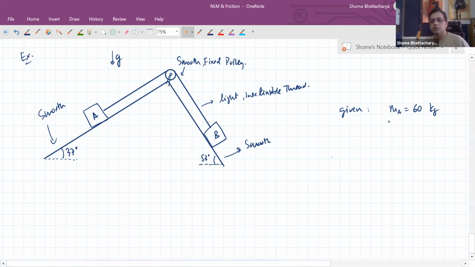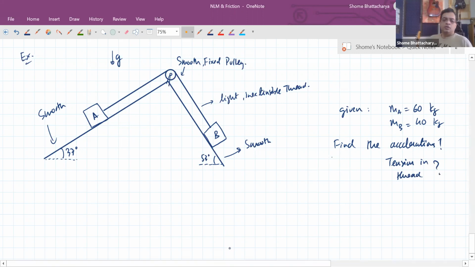And mass of B is 40 kilograms. So we have to find the accelerations of the two blocks and the tension in the thread. Okay, so just take a look at this question before we populate it with all the forces, etc.